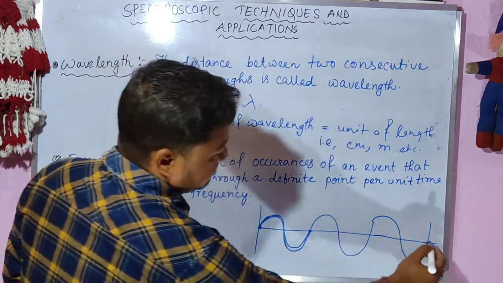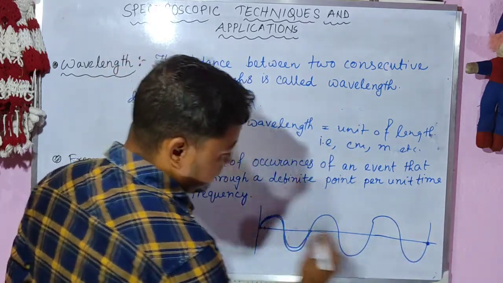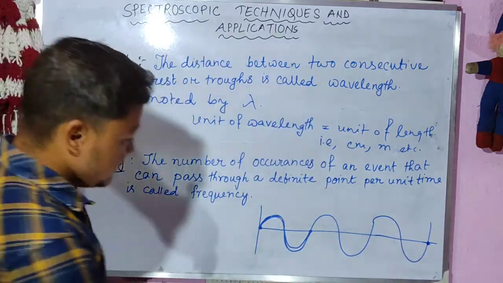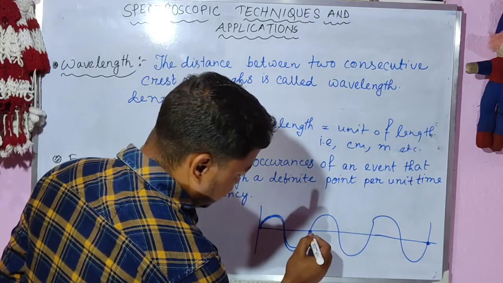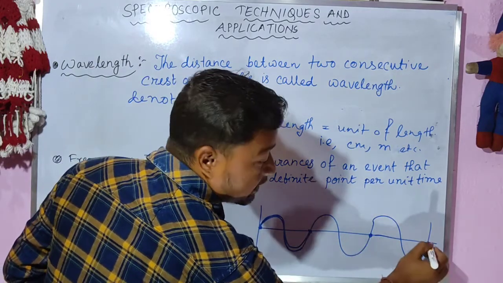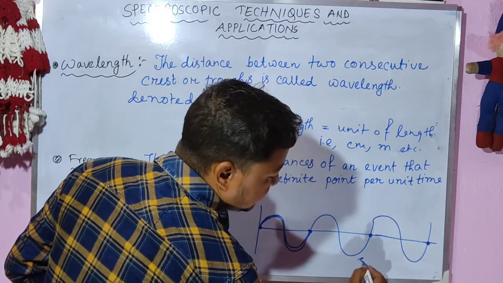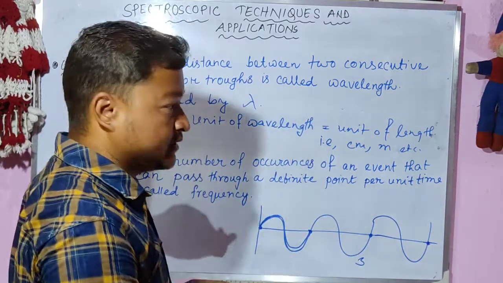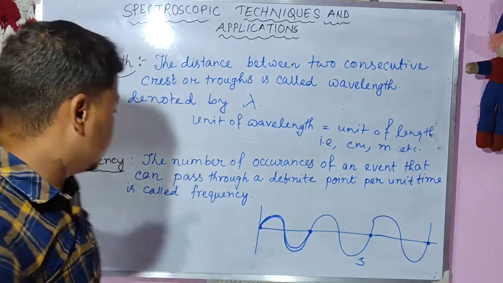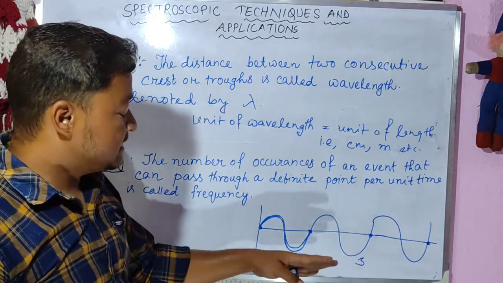From this point to this point, how many complete events? There is 1, here to here 2, and here to here 3. Total 3 complete events in 1 second. So the frequency is 3.